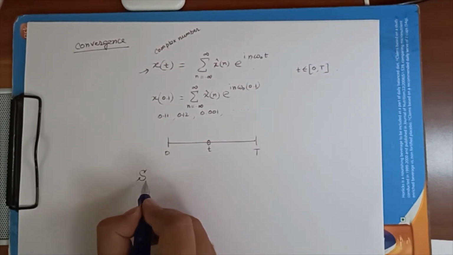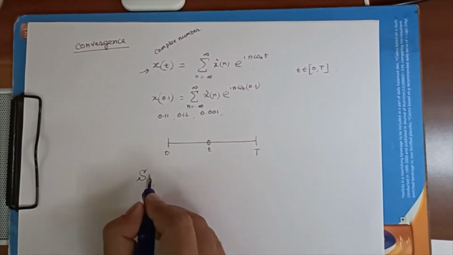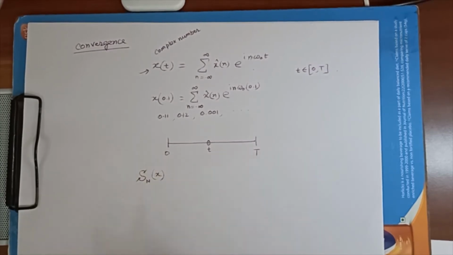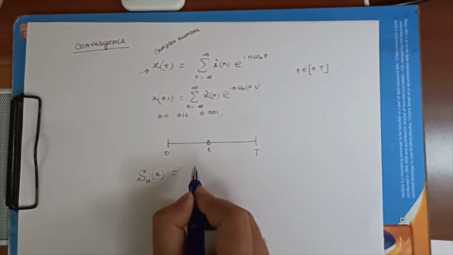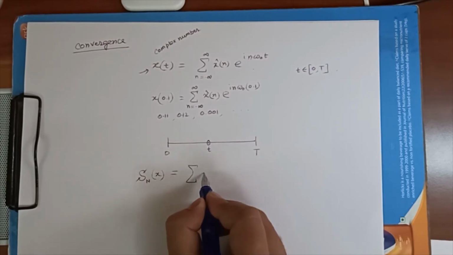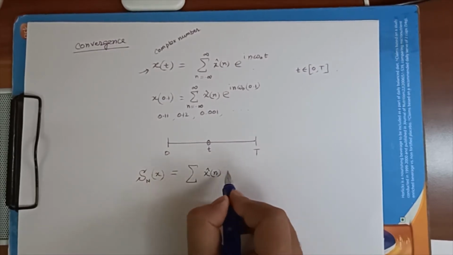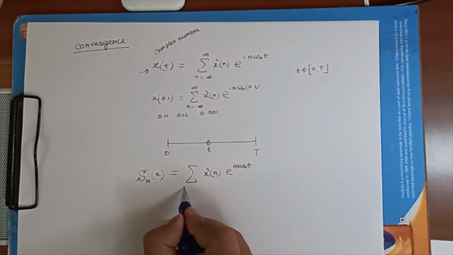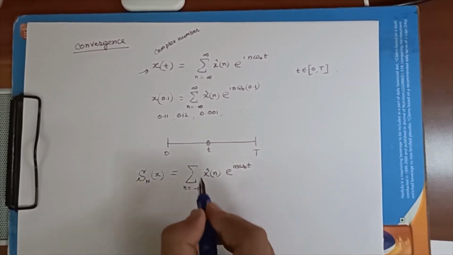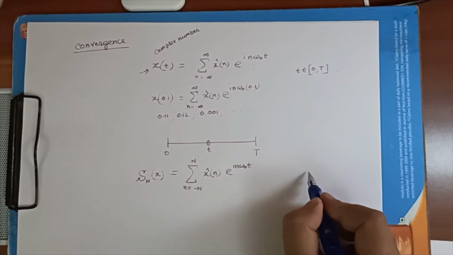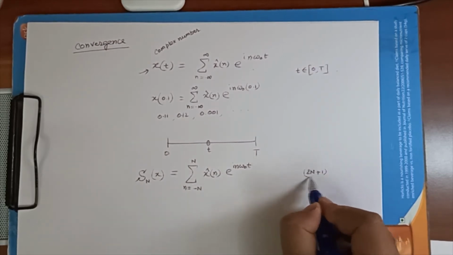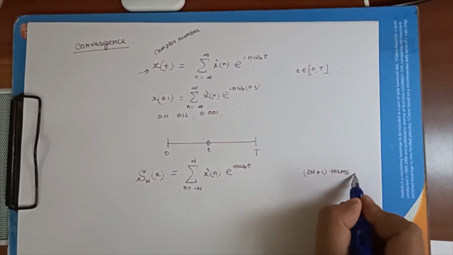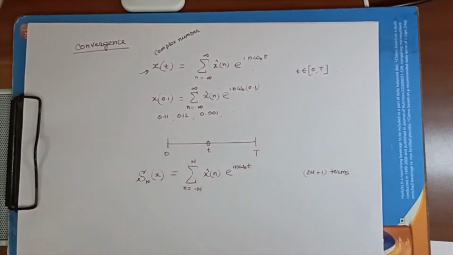I will write S_N of x, the sum up to N terms of that signal x, which is the Fourier series terms when n runs from minus capital N to plus capital N. So you are taking only 2N plus 1 terms and summing them.